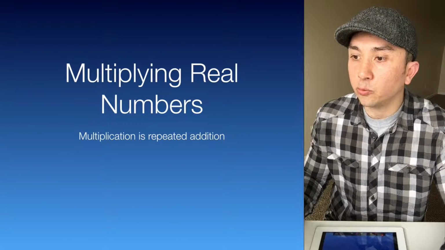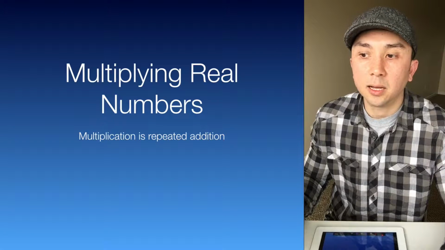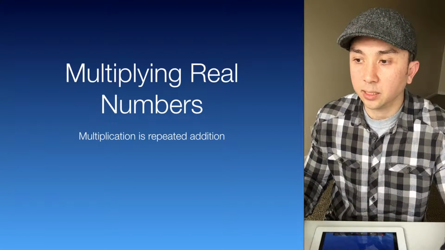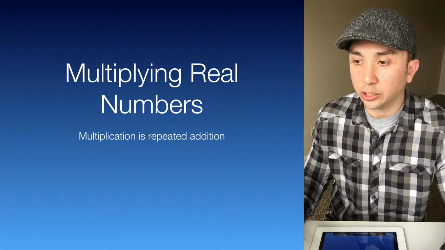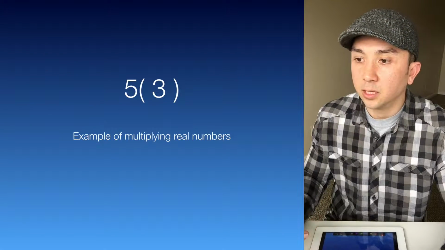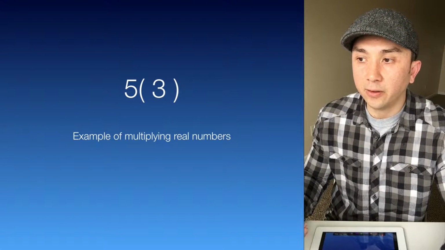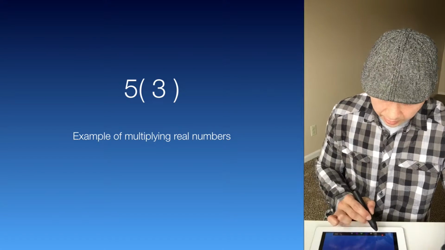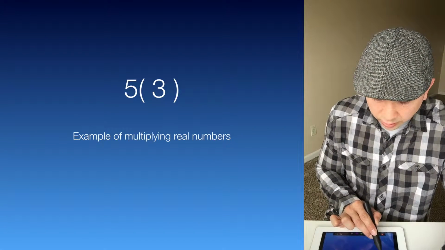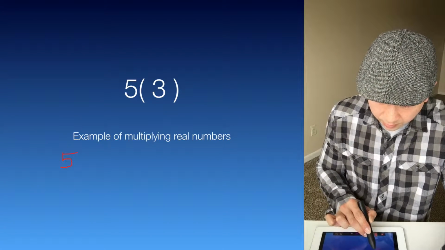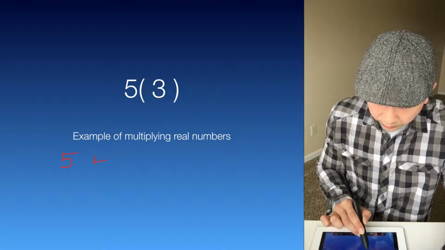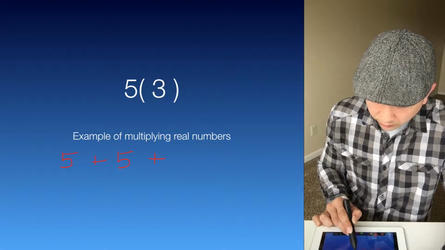So, multiplying real numbers: multiplication is repeated addition. So, for example, 5 times 3 is the addition of 5 three times: 5 plus 5 plus 5.